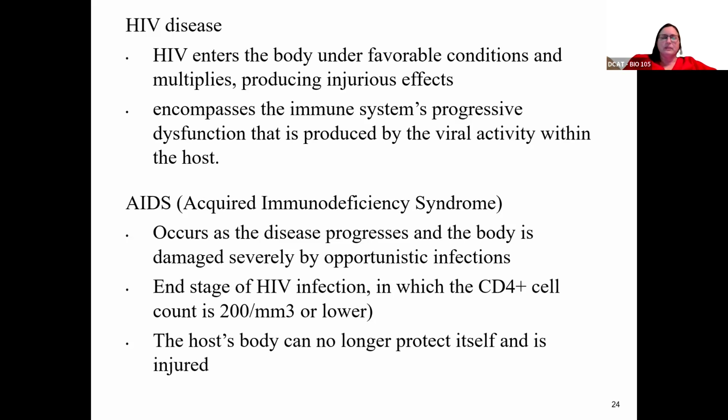Remember, I said earlier when I was talking about the stages, this is where in stage 2, the body's immune system has worked constantly to keep the virus at bay, and it's exhausted itself. And so now it can no longer protect itself against injury.